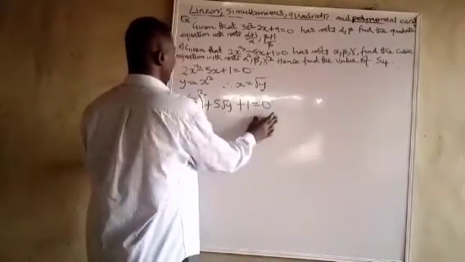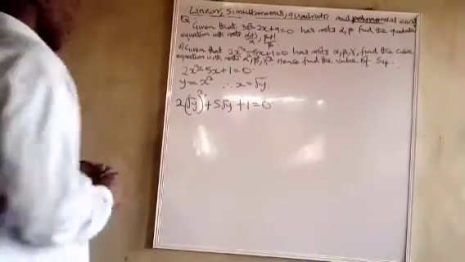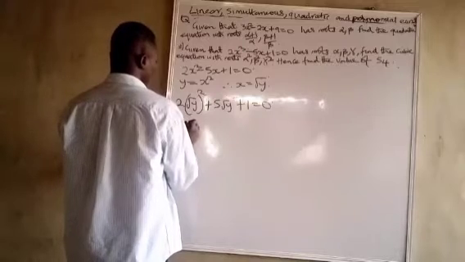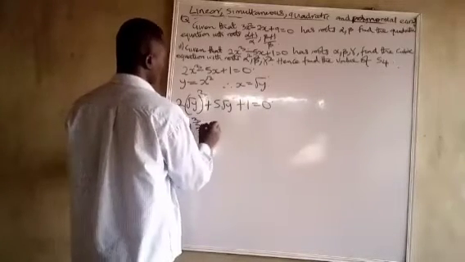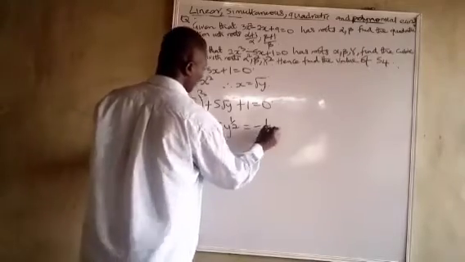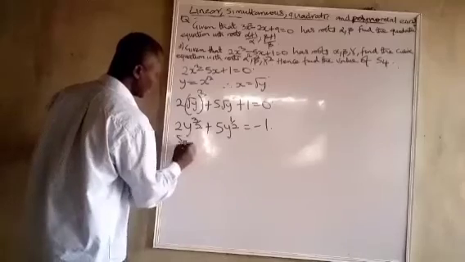And with this, for ease, let me move this 1 to this side. So I'm going to have 2y raised to power 3 over 2 plus 5y raised to power 1 over 2 is equal to minus 1. Now let's square both sides.